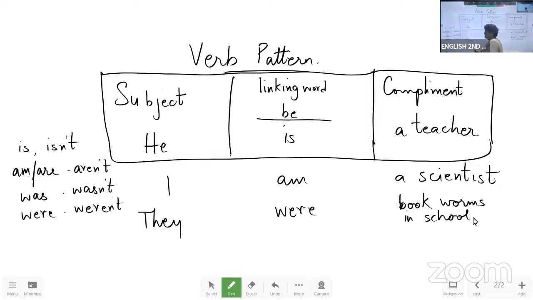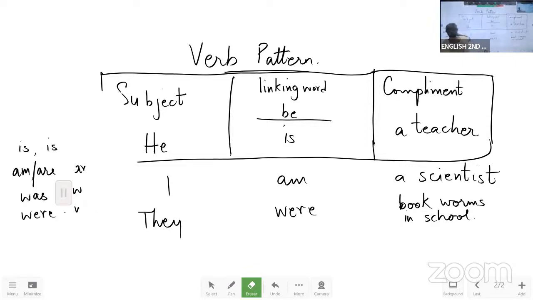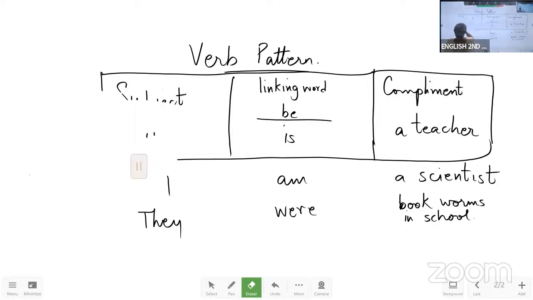So write something and make use of different linking verbs. Don't use the same be form, children. There are many more. You can use the negative also as well as the positive.